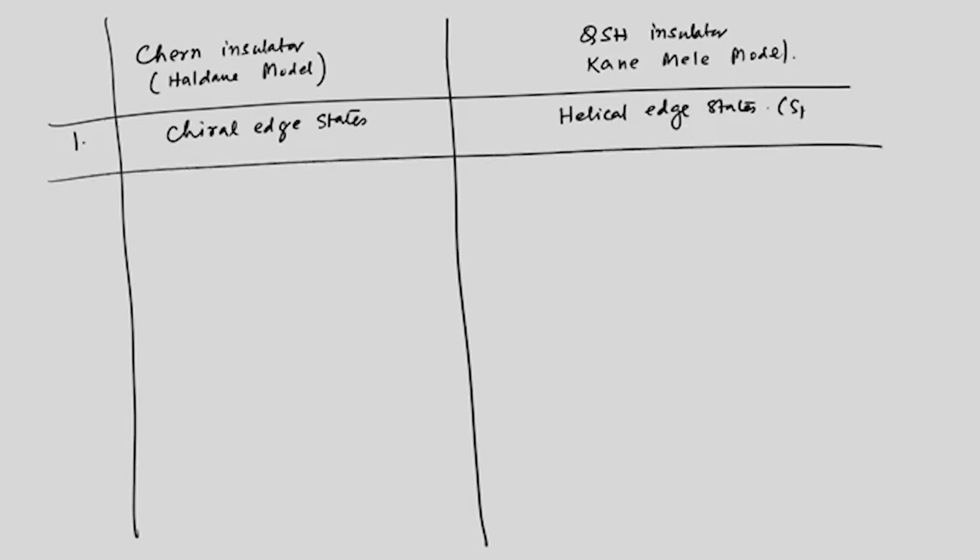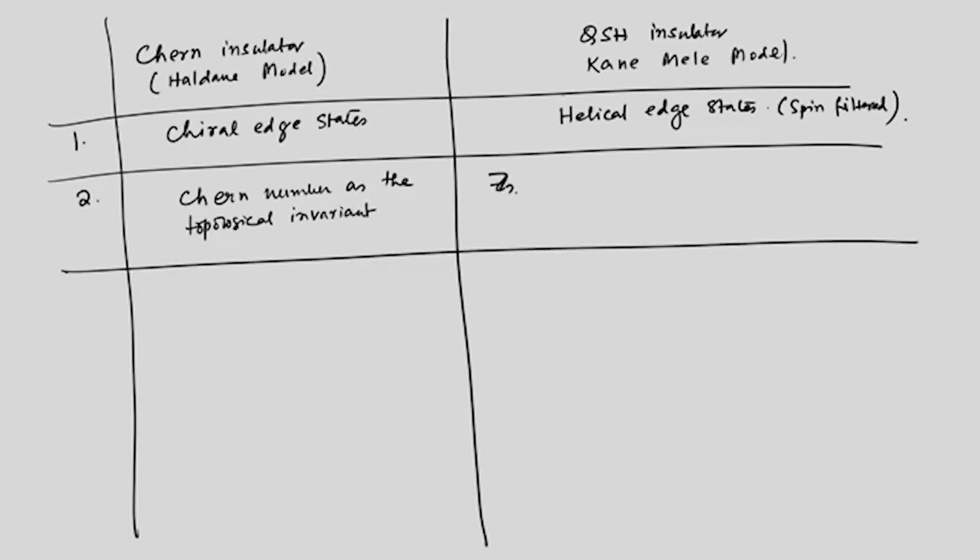Second, there is the Chern number as the topological invariant, and that is why they are called Chern insulator, and for the other, the Z2 invariant. Okay.